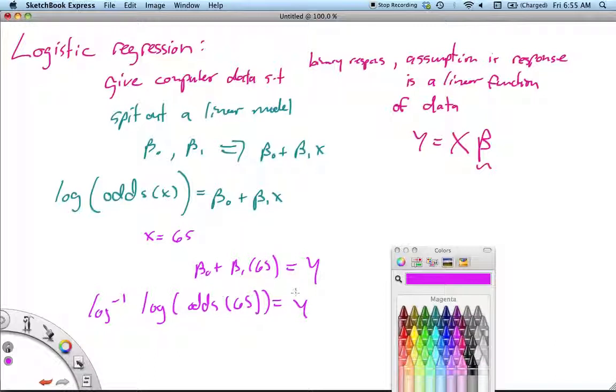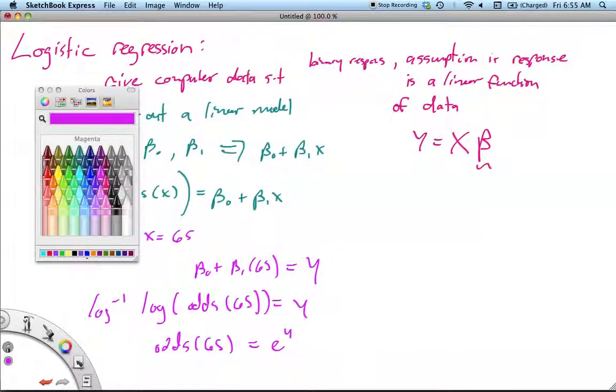But in any case, you can take your inverse log, and then the odds of 65 would be equal to e to the y.